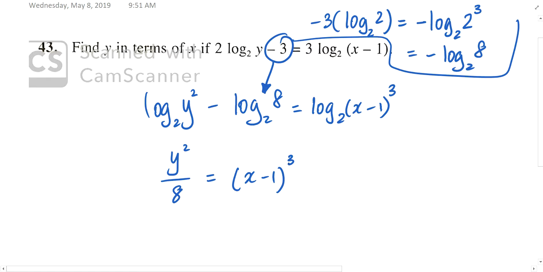Okay, good. Who needs help? He again skipped steps. Who needs help to go from this step to this step? Anybody? If there's anybody, okay. Yes? Okay, so this is what we have.